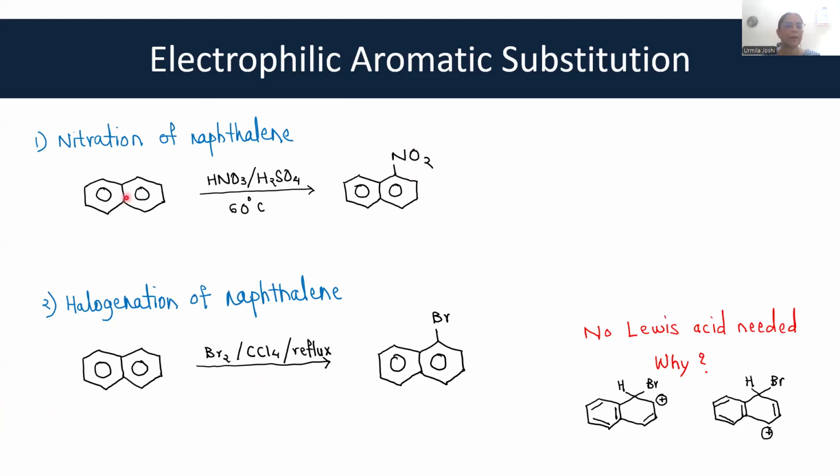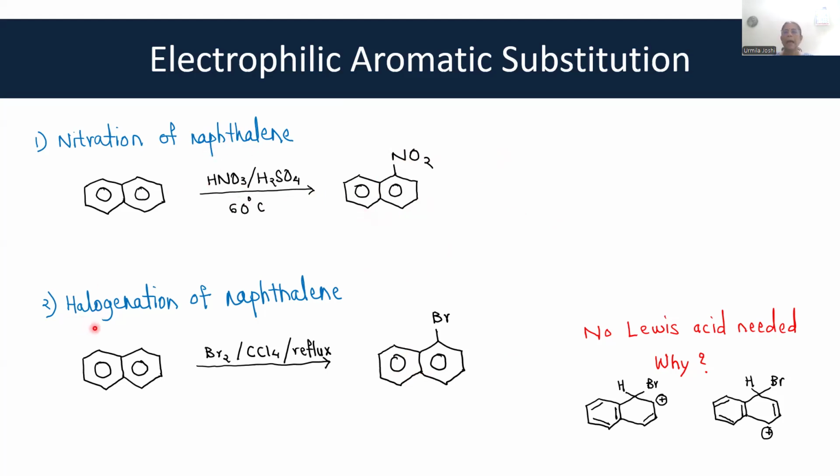Let us see examples of electrophilic aromatic substitution. First one, this is naphthalene. When it is treated with a nitrating mixture, that is HNO3 and H2SO4 at 60 degrees, the product that is formed is 1-nitronaphthalene. This is a preferential product. Now, second reaction.